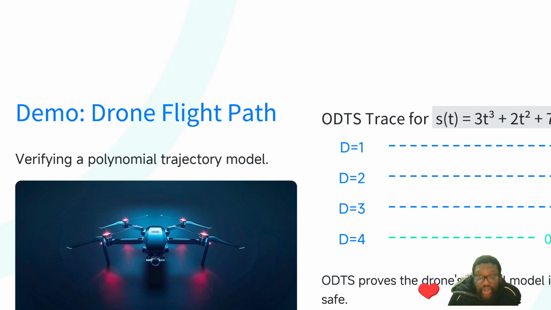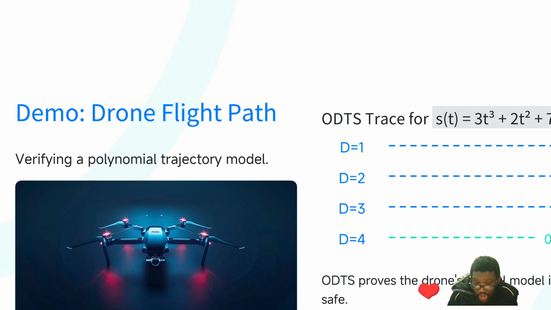So we got a function s(t) equals 3t cubed plus 2t squared plus 7t plus 5. So we got d1 equals 9t squared, because we bring down the power as a constant.